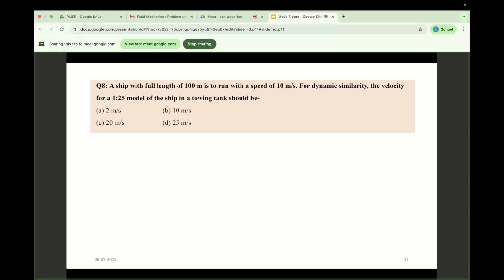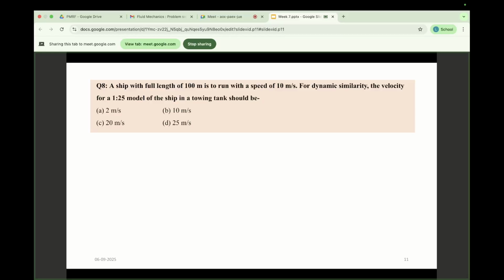Here you are asked to find the velocity of the model.